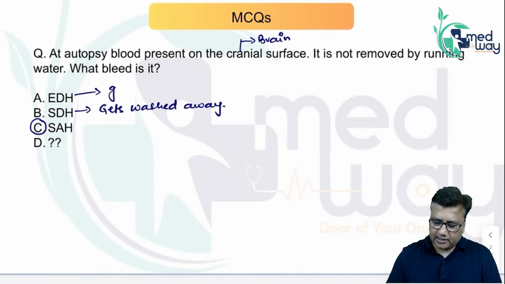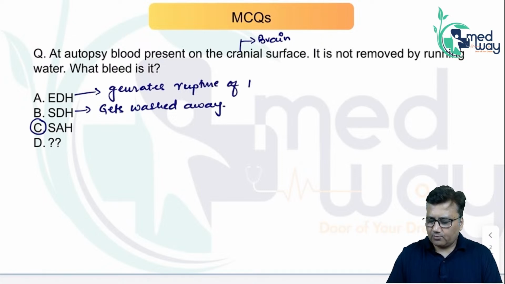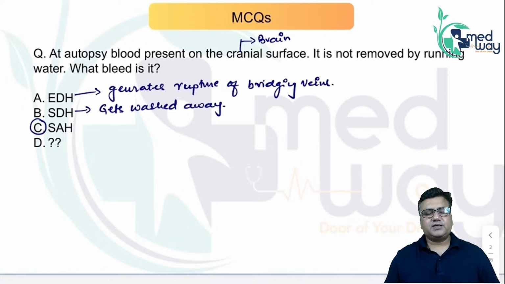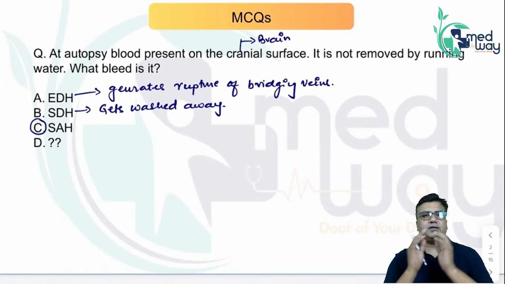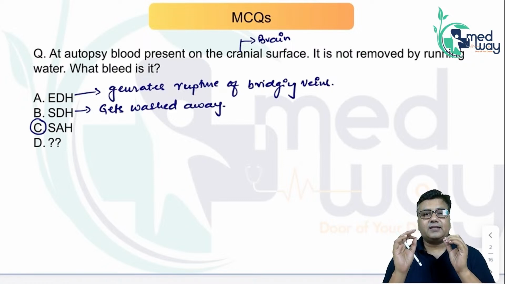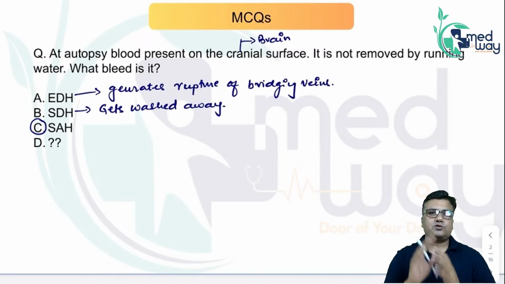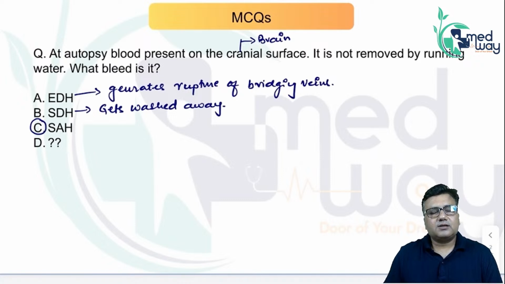Extradural hemorrhage generates due to rupture of bridging veins, veins which are bridging between the dura mater and the endocranial surface of the skull.